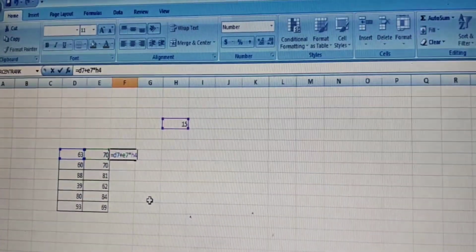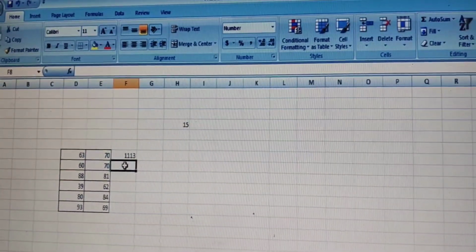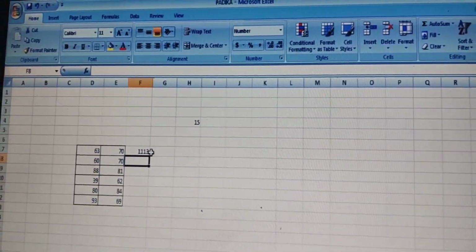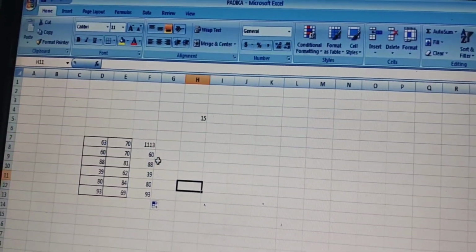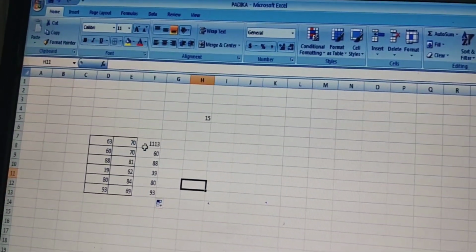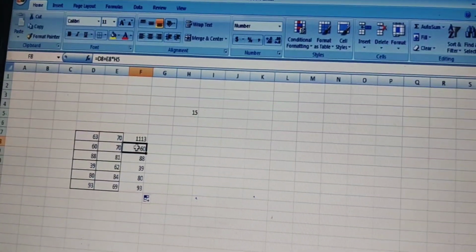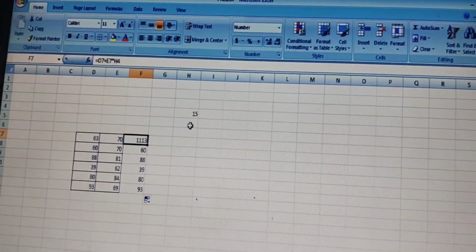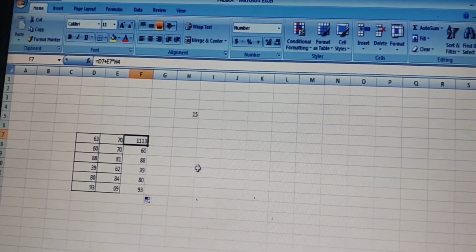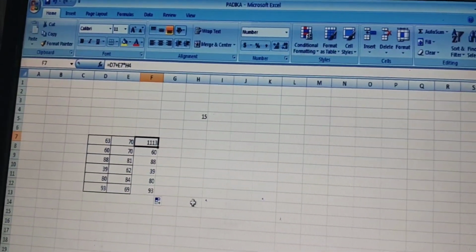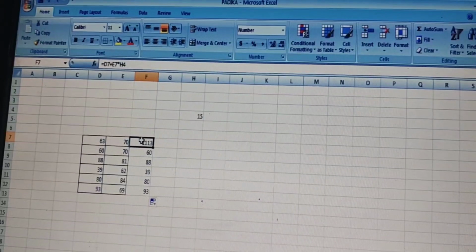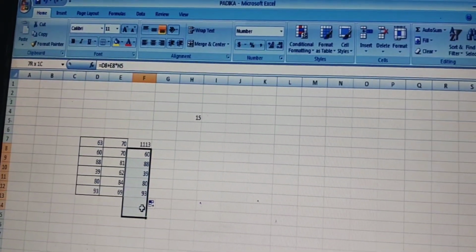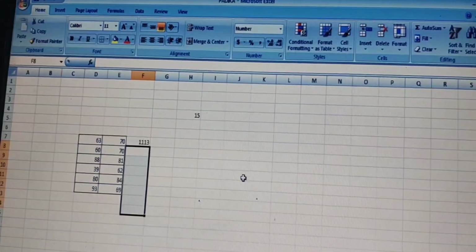So let's write H4. You get the output 1113. And when I use the autofill technique here, you will not get any other output. See, the reason is because in H5, H6, H7 and so on, there is no data. This is the reason that the cell remains absolute and only this output is changed. Understood? Thank you.